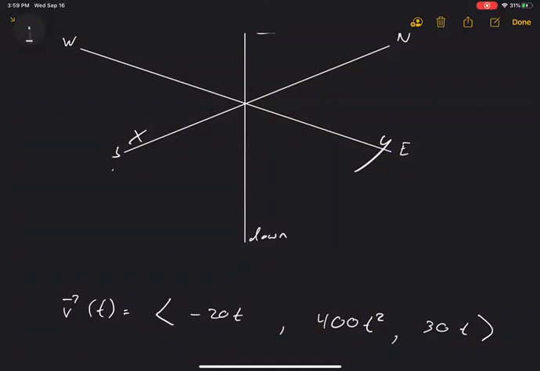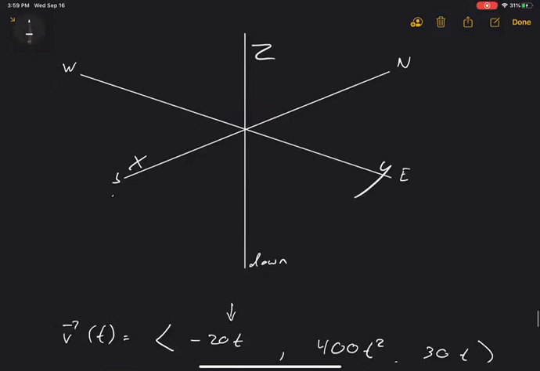Okay, so maybe at time t, it's moving negative 20 units in the x direction, which we've said means it's moving north. At time t, it's moving 20 times t in the north direction.